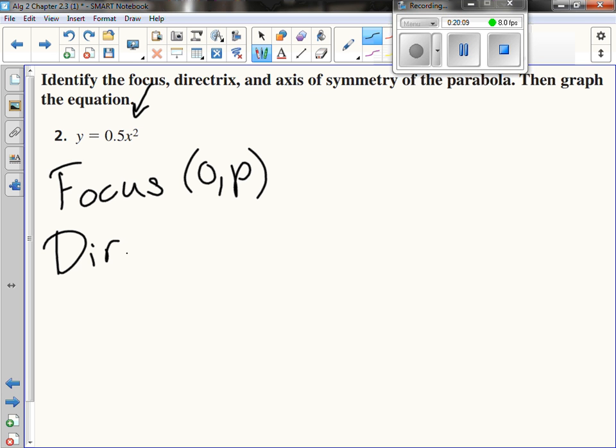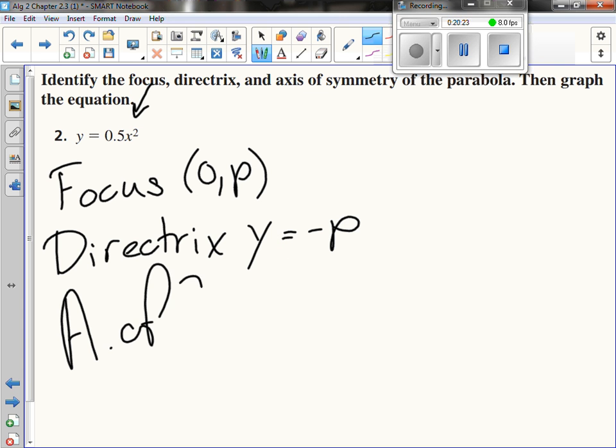The directrix is y equals negative p. And the axis of symmetry is x equals 0.